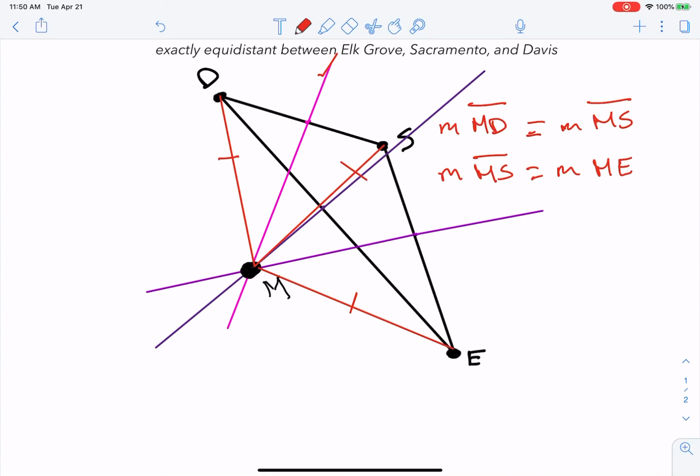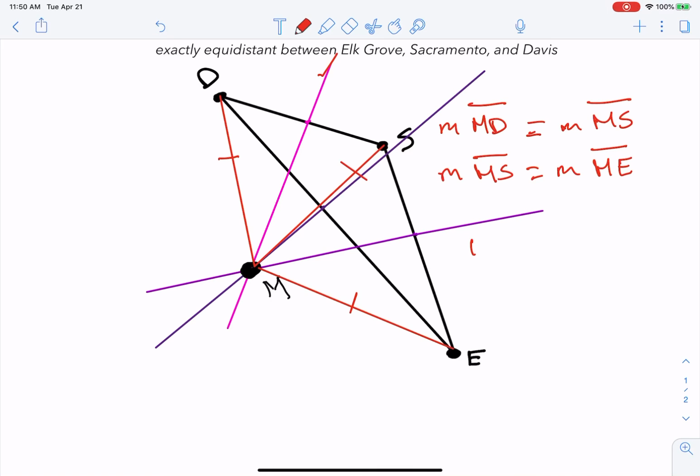In other words, the distance from the midpoint to Davis is the same as the distance from the midpoint to Sacramento. The distance from the midpoint to Sacramento is the same as the distance from the midpoint to Elk Grove.